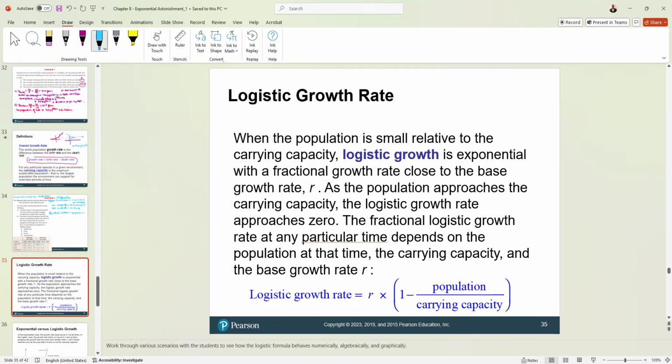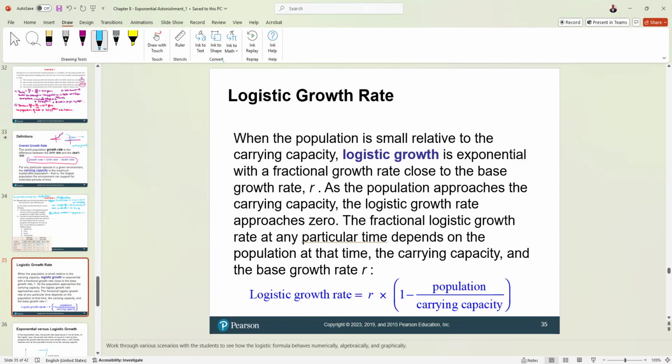So we said logistic growth models assume that the population growth rate gradually decreases as the population approaches the carrying capacity. So that's what we're going to do here.